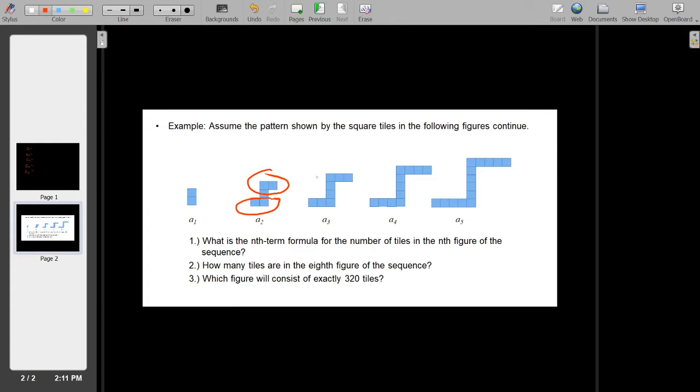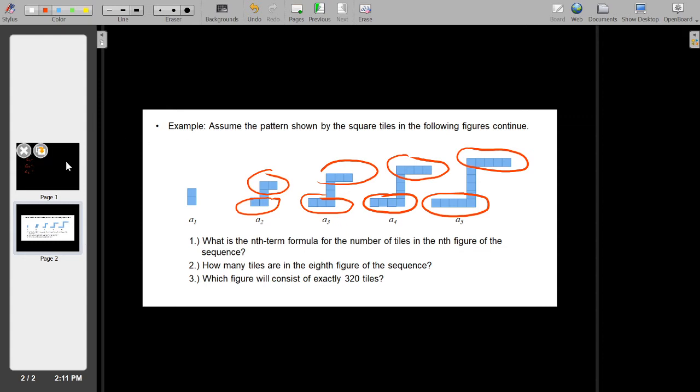You have 3 tiles in each of the horizontal section in the third figure. In the fourth figure, you have 4 tiles in each of the horizontal section. And in the last figure, you have 5 tiles in each of the horizontal section. So let's try to write those values.